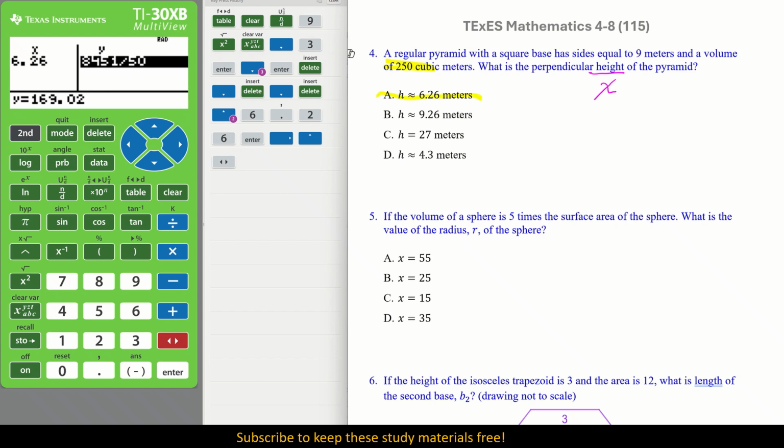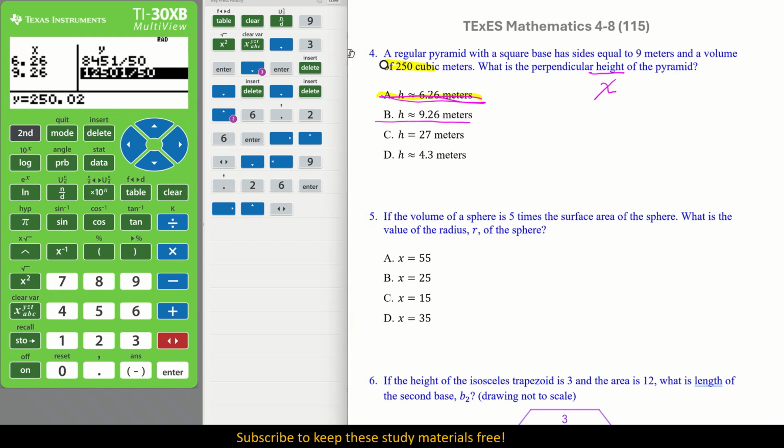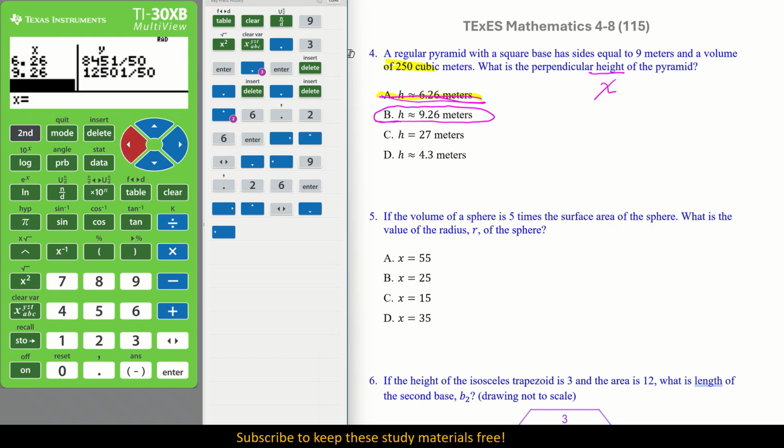That's okay. So let's try it again for B. So you have to go back and over, and let's try 9.26 and enter. Go over, do the same thing I did by using the toggle button. Ooh, that gives us something very close to a volume of 250. So I'm going to circle that, but I'm going to keep going and I'm going to try the other values. So let's try C, 27.